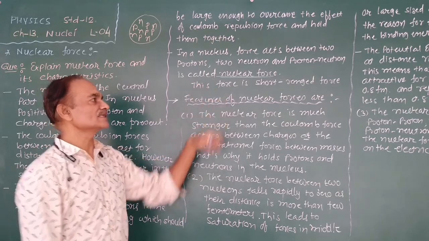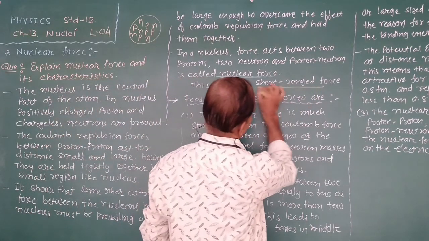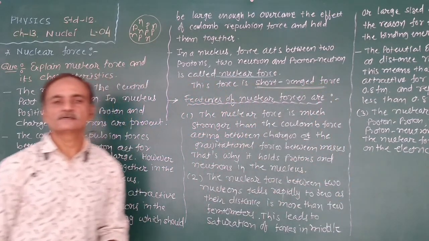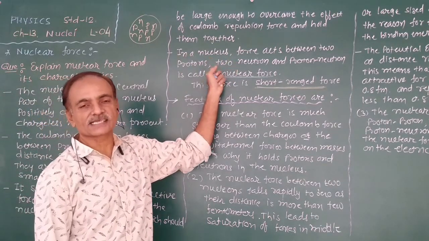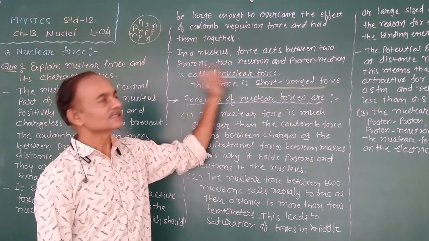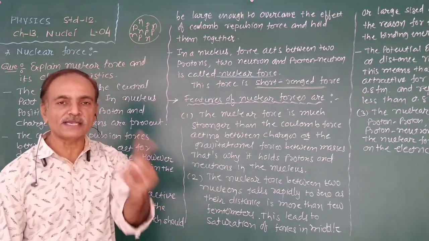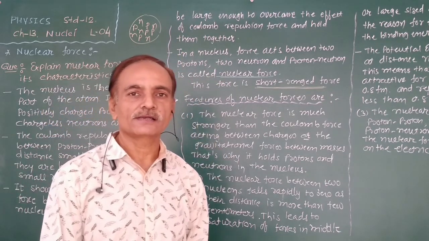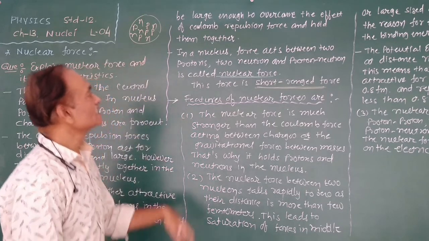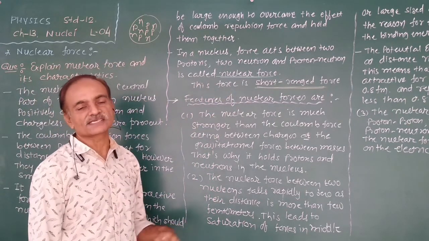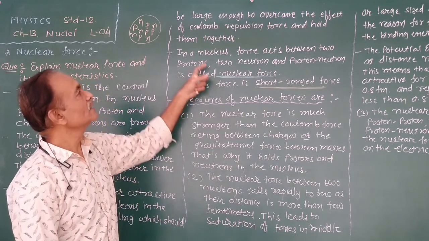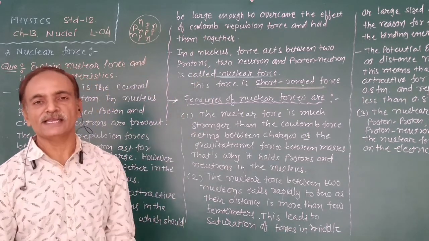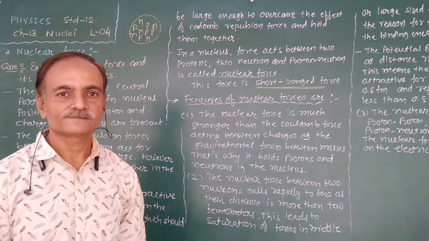This force is a short-range force, and it does not depend on charge, that is, it is independent of the charge. Therefore, the proton and neutron are commonly known as nucleons.